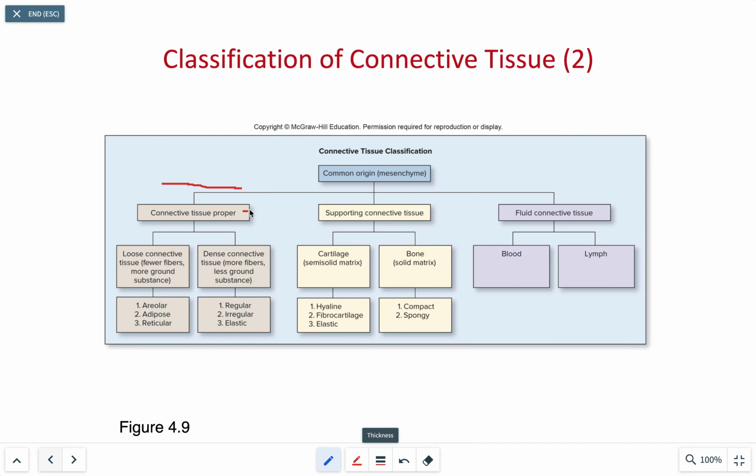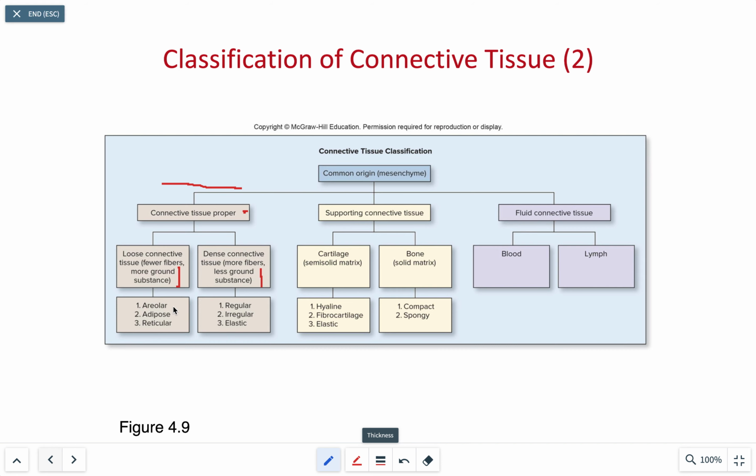So the first part of this lecture will be focusing on connective tissue proper. We'll be looking at the loose connective tissue, and specifically they have fewer protein fibers and more ground substance. And then we'll switch into the dense connective tissue, which has more protein fibers and less ground substance. They're broken into specific connective tissue categories based off their function and location.